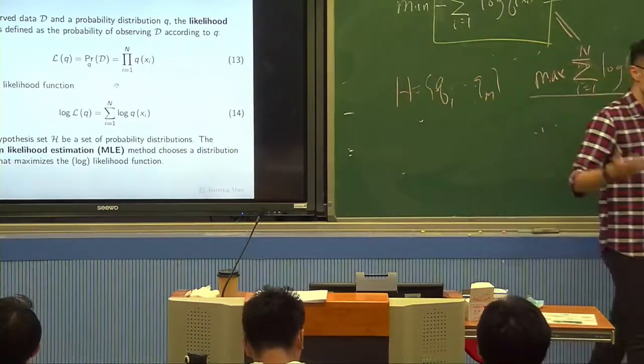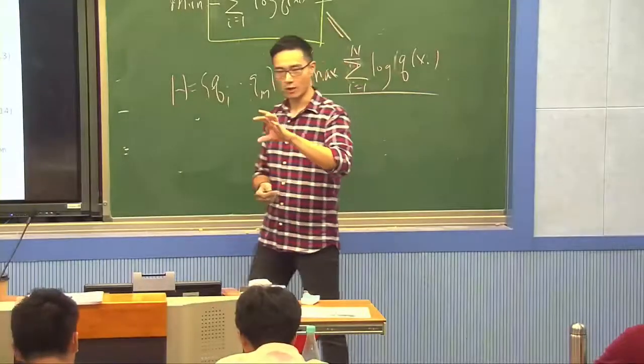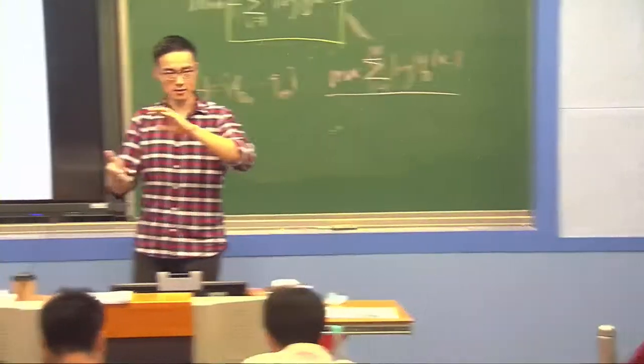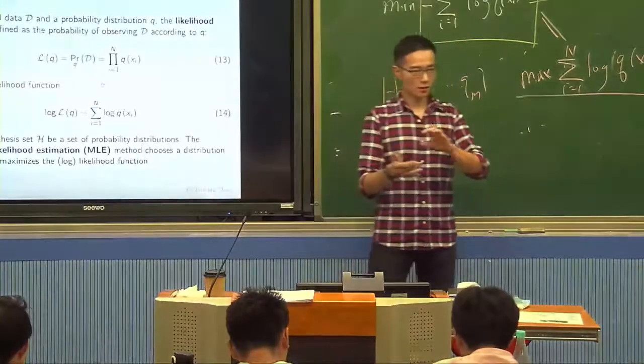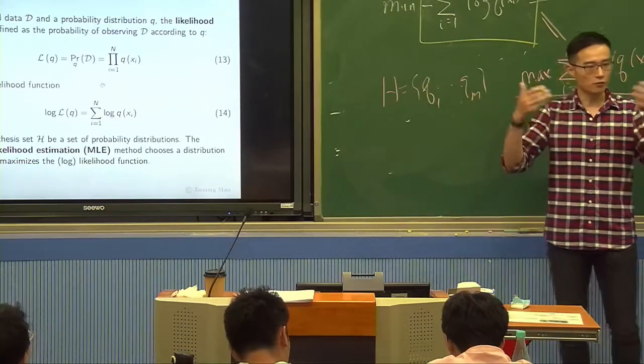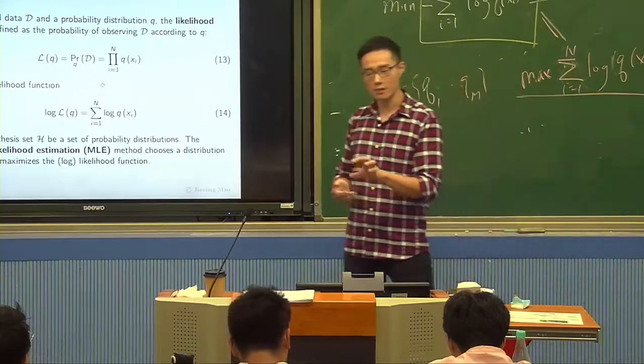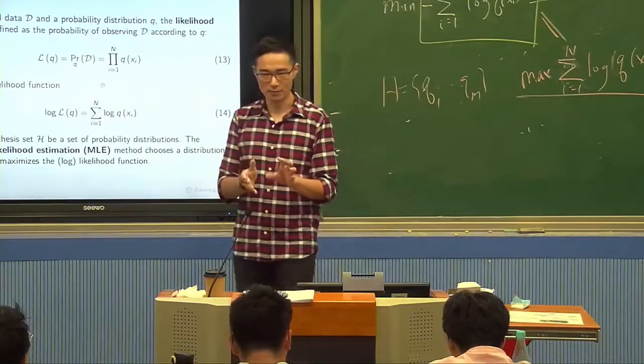So maximum likelihood is within this big picture of first defining our loss function and defining distance, and then minimizing it. Defining a distance and then minimizing it is the whole unifying theme of how we do data analysis. Maximum likelihood, despite its name, is also part of the family.